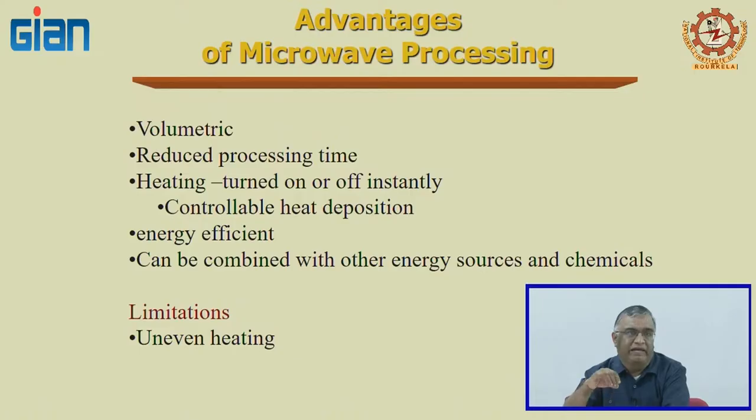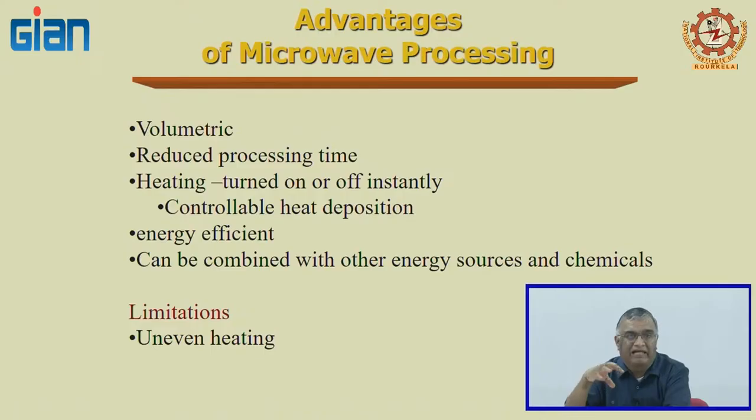Whereas with microwave, you turn it on, it heats. When you turn it off, no microwave is delivered, so it cuts off the heating, and you are able to control the temperature much better. You can also deposit the microwave in a particular shape and size. It is much more energy efficient. It can be combined with other energy sources and chemicals.